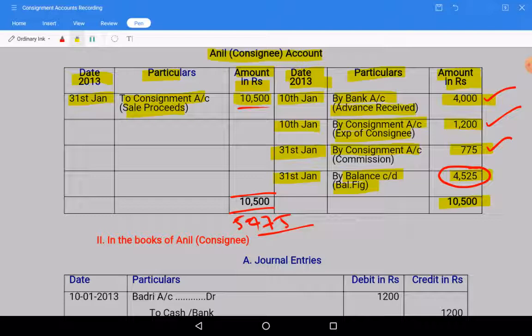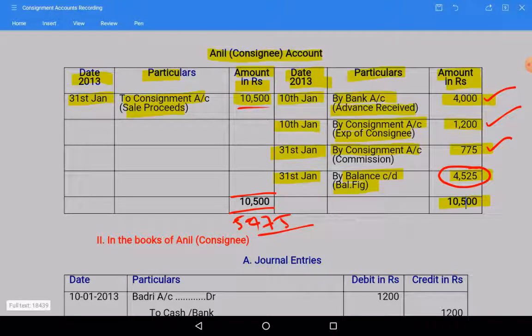So hope you have understood everything relating to ledger accounts in the consignor's books. Let us see the remaining question, that is journals and ledger in the books of consignee, that is Anil.